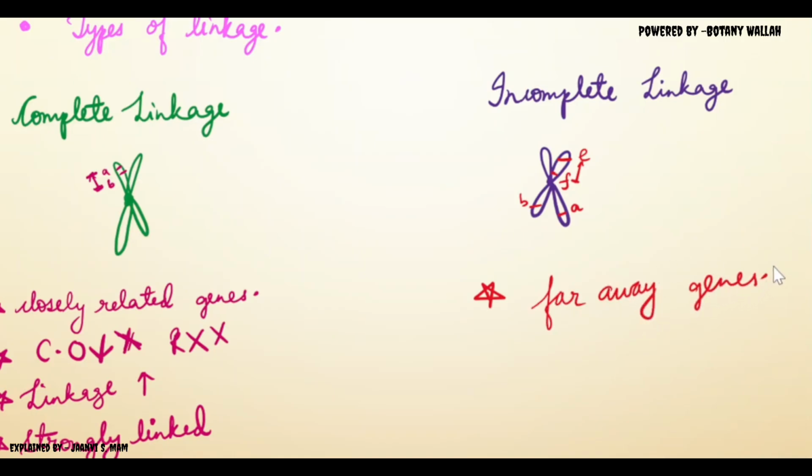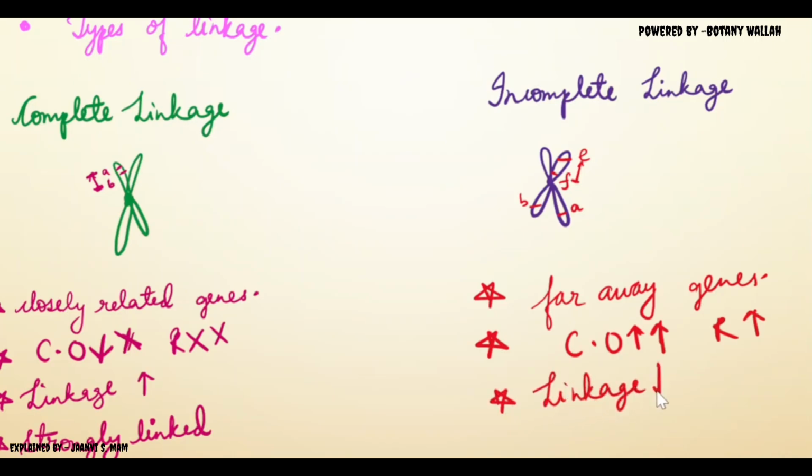If they are very far from each other, chiasmata can be formed and hence crossing over will be higher. If crossing over is occurring, then recombination is also higher. And since they are very far, linkage will be less.